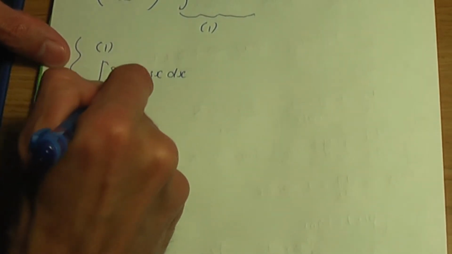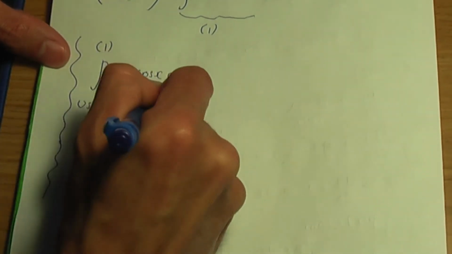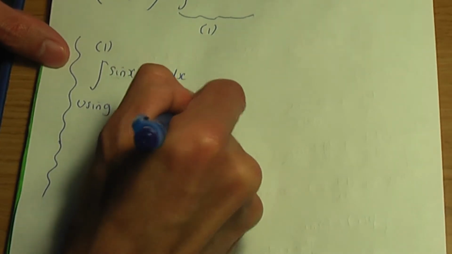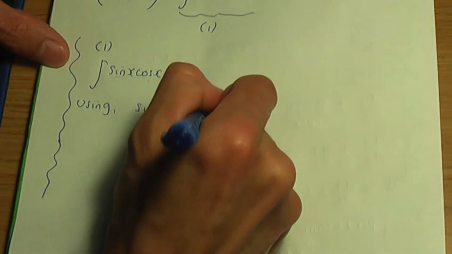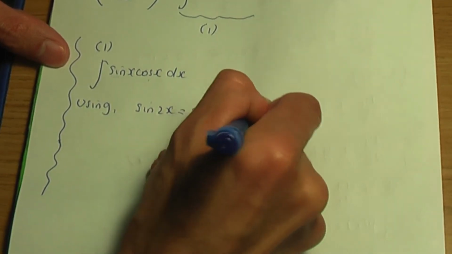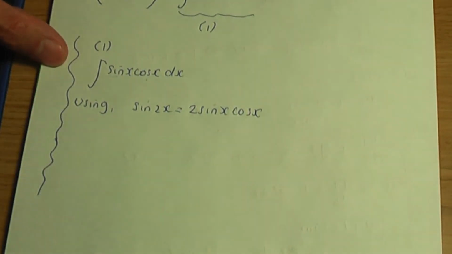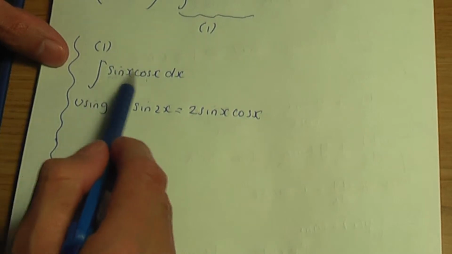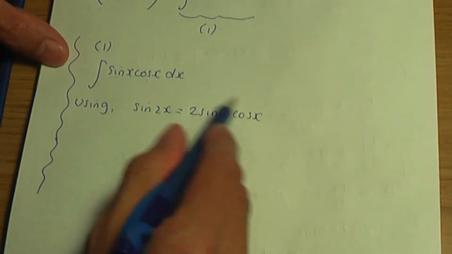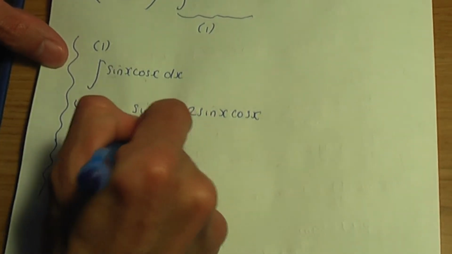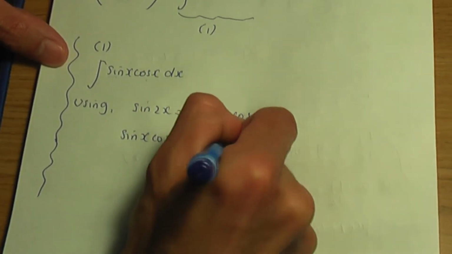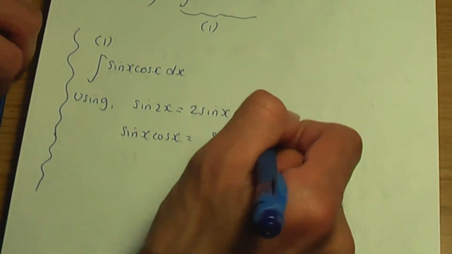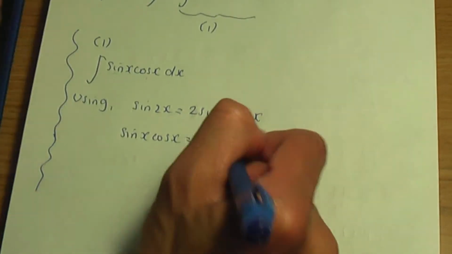Let me show you how to integrate this, because remember the double angle formula, sin 2x, is 2 sin x cos x. Now in our integral we have sin x cos x, so if I rearrange, sin x cos x is sin 2x divided by 2.